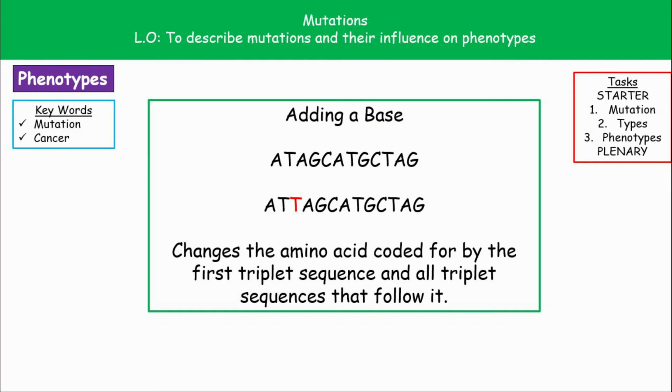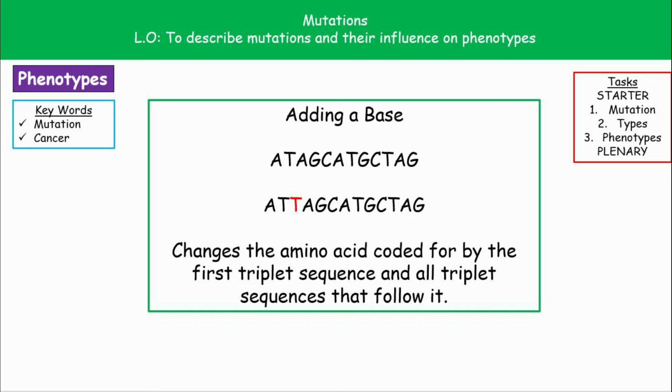The second type of mutation is where we add a base. So we've got the same initial DNA code there, but this time after the T we've added another T. Now the problem with this is that we've not only changed that first triplet codon from ATA to ATT, but it's changed the other ones as well, because everything's been shifted along one section.